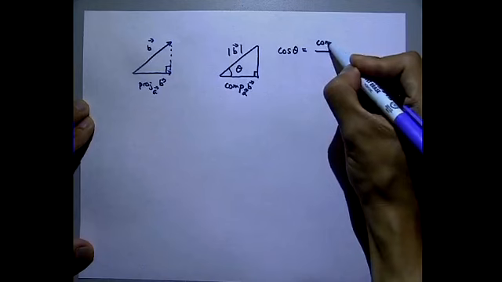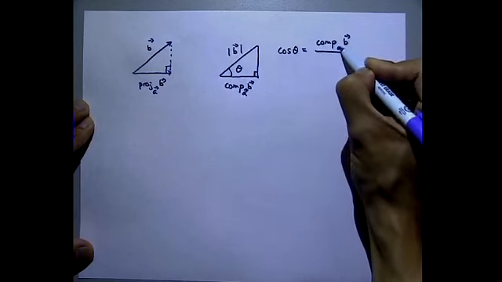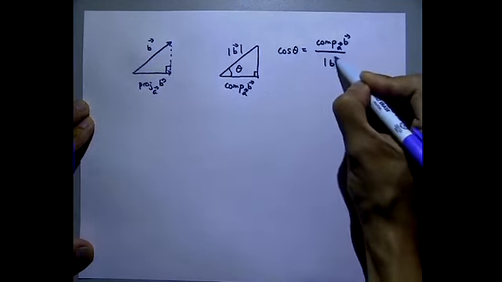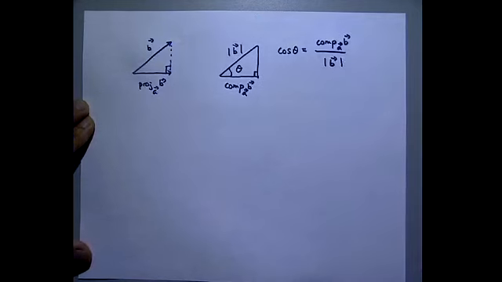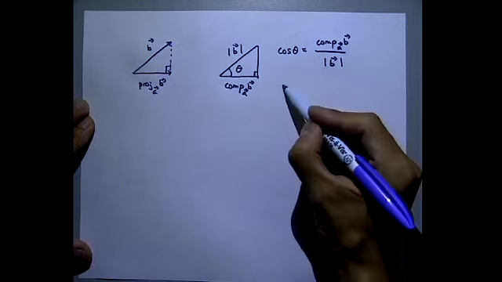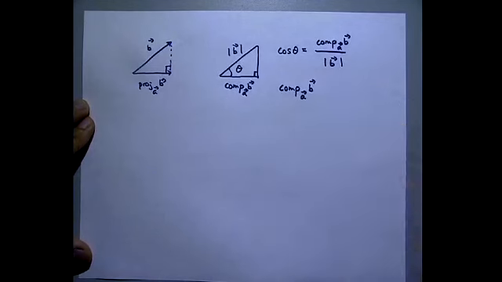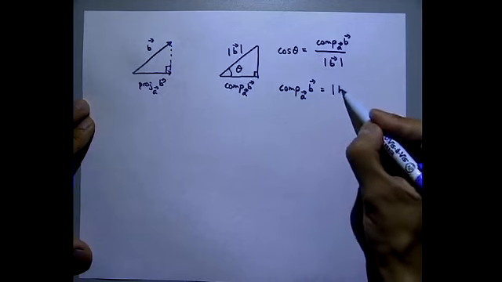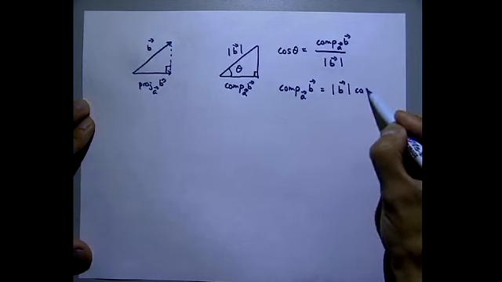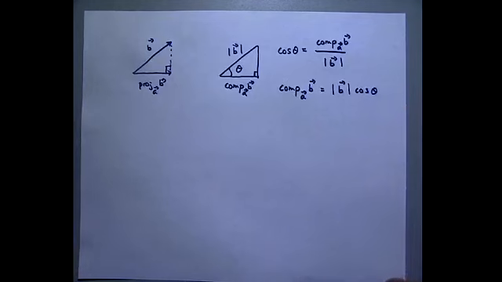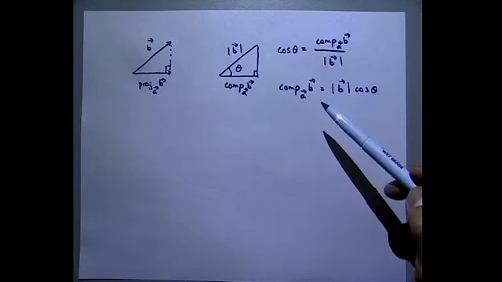So it's comp, component of B onto A, over the magnitude of B. Or simply, the magnitude of B times cosine of theta. Okay, so that's one way to calculate the scalar projection.